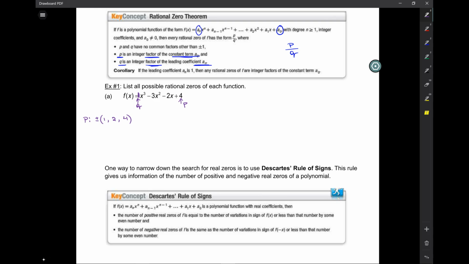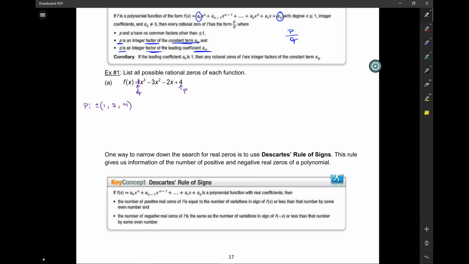Okay? I like my notation. All right? This is more efficient. And then Q is going to be just plus or minus 1. So then P over Q is going to be every single P over every single Q. So in this case, it's going to be plus or minus 1, 2, 4.